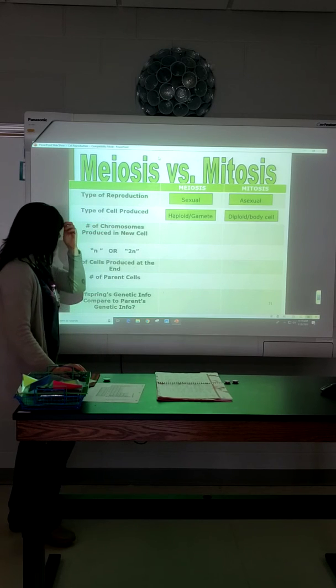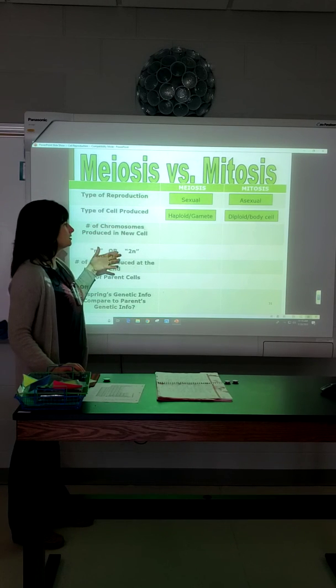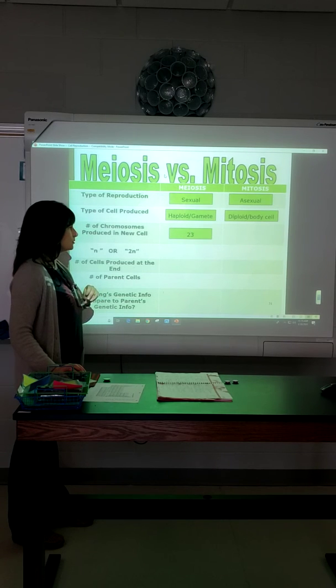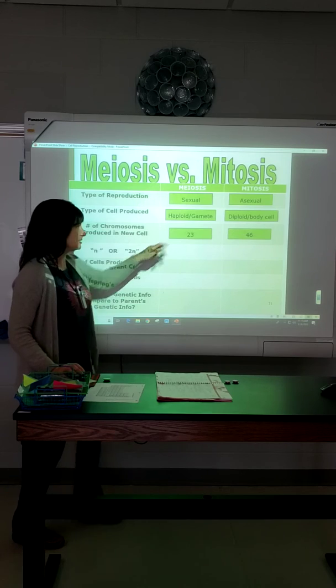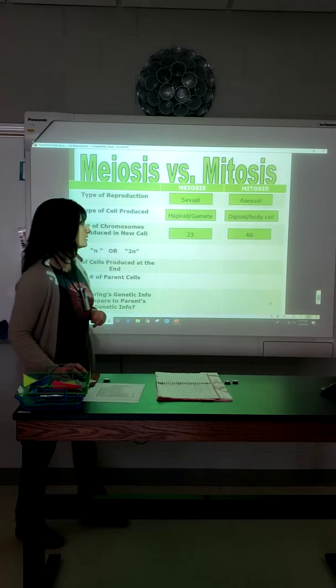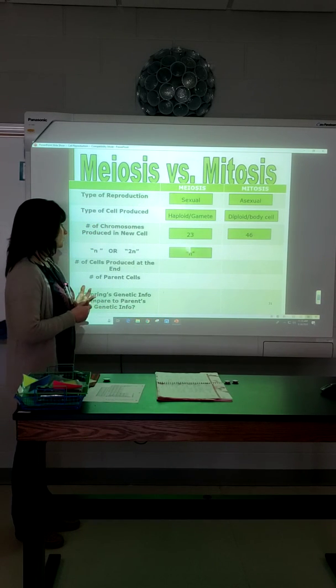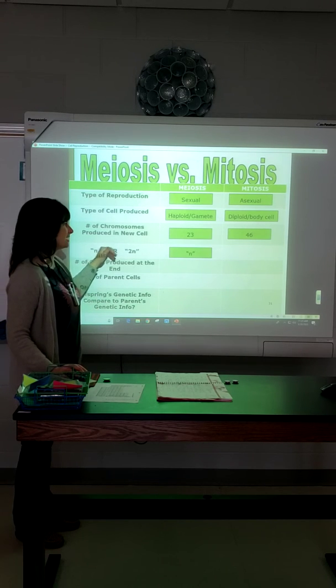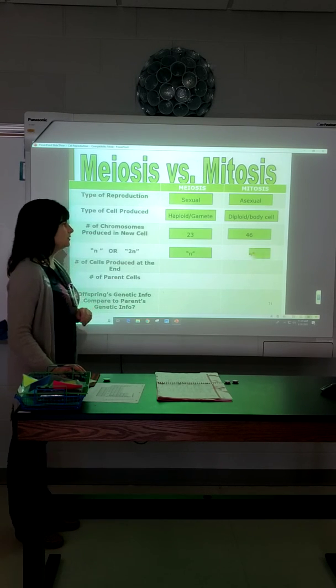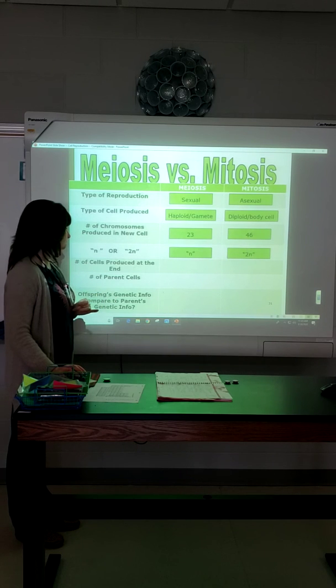Number of chromosomes in a new cell, for humans: 23 total chromosomes for haploid. Double that, diploid, is 46. We represented the haploid number as n because it was half, and the diploid as double, or 2n.